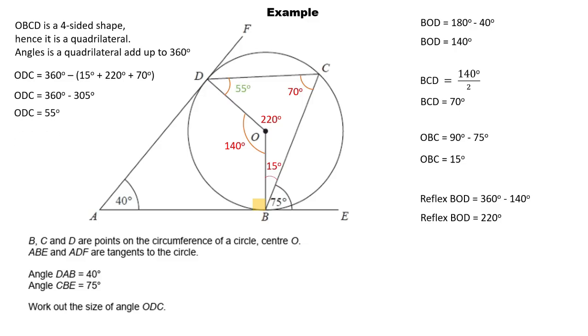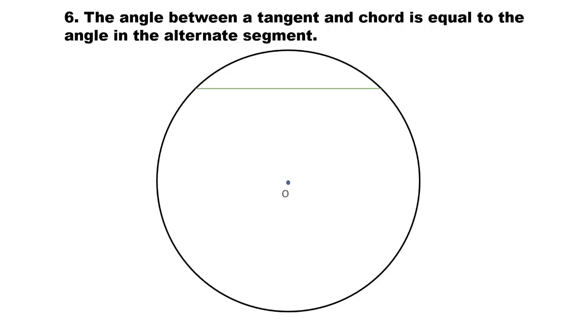Now, going to the sixth theorem, the theorem states that the angle between a tangent and a chord is equal to the angle in the alternate segment. If we draw our circle with center O and draw two angles subtended by two chords, although the shape is of a triangle, I need to focus on the angles.